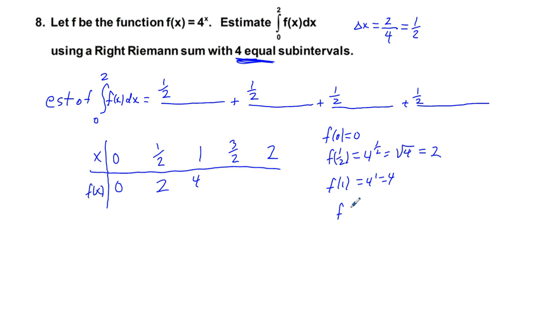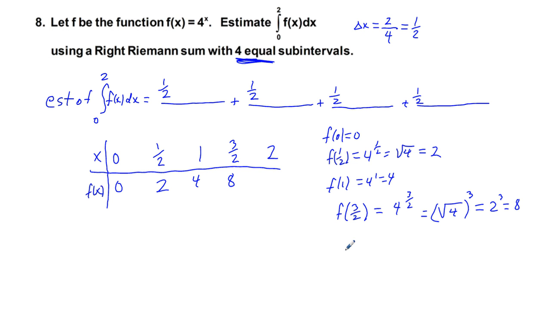If we have f of 3/2, it'll be 4 to the 3/2 power, which equals the square root of 4 cubed, which equals 2 cubed, which equals 8.